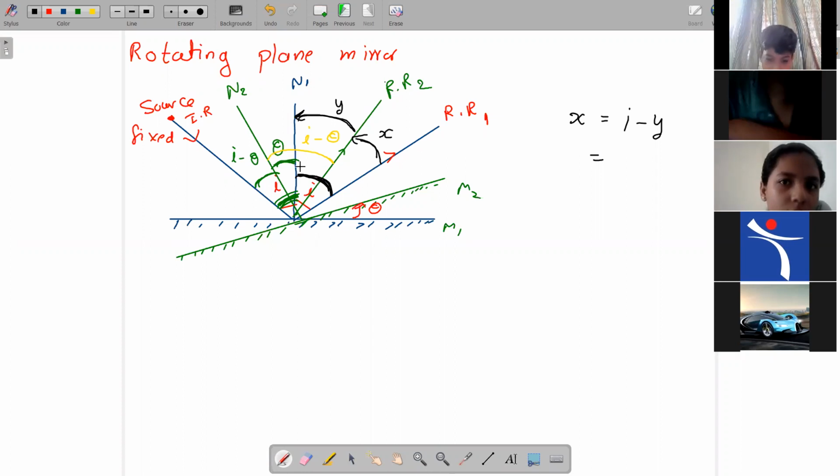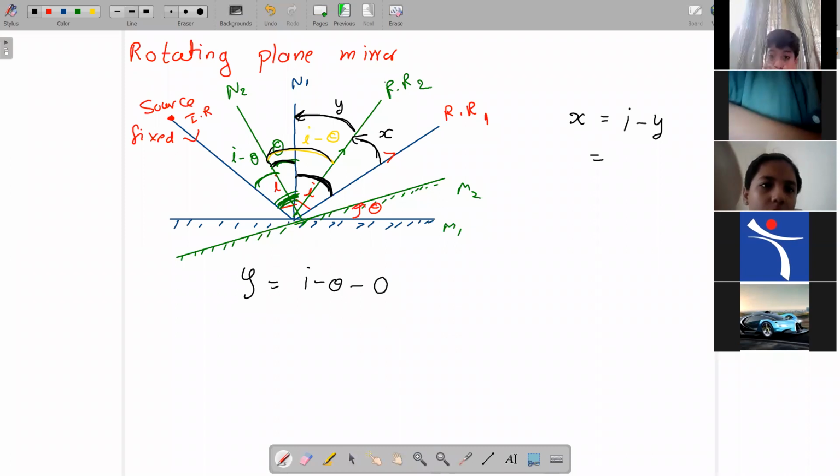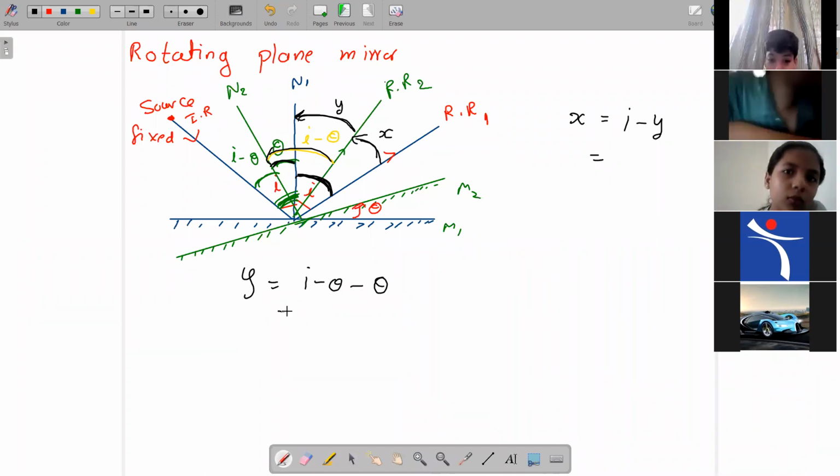So how to calculate Y? You can see from here to here the angle is I minus theta. In that I minus theta, if you remove this theta, you will get Y. So Y is equal to I minus 2 theta.